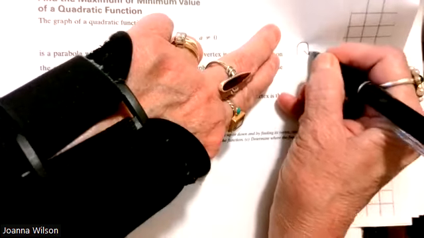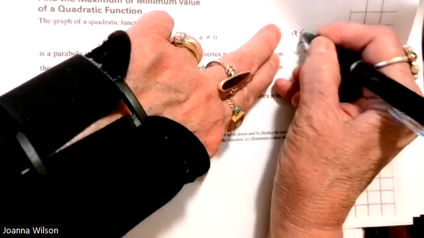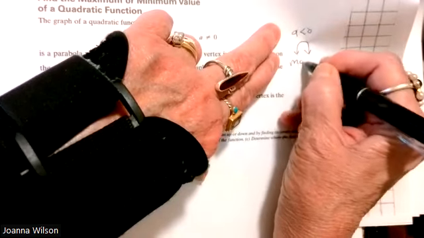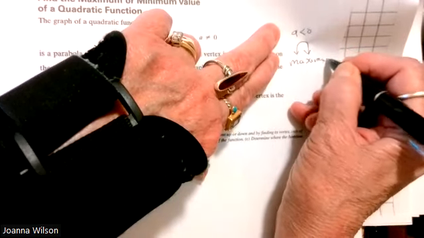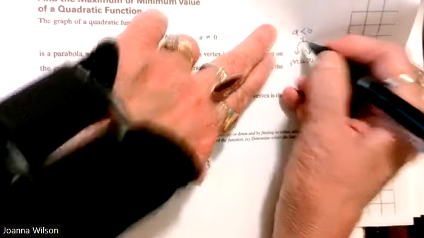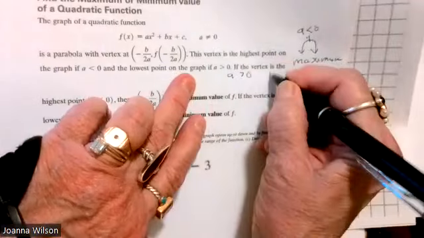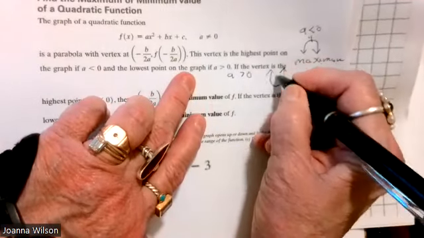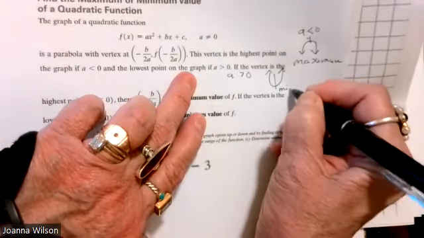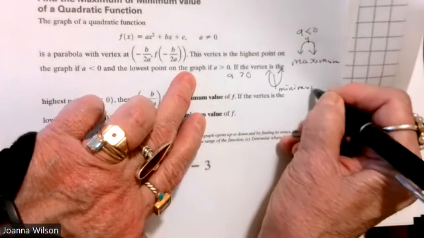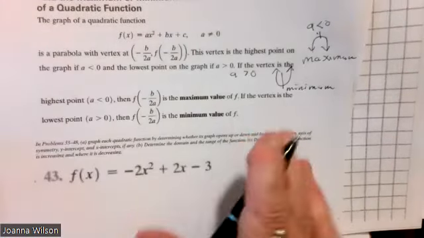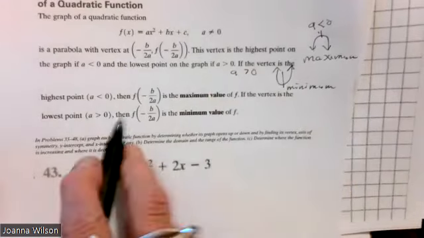So if it opens down, and that's when a is negative, there's going to be a maximum at the vertex. And if the a is positive, it's going to open up, and there's going to be a minimum. And that's just what this is saying here.